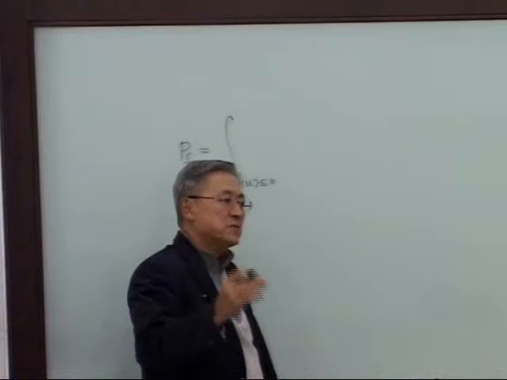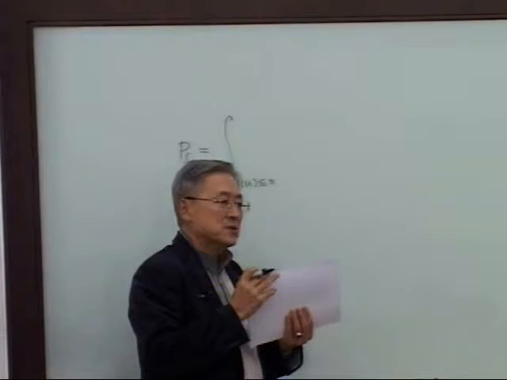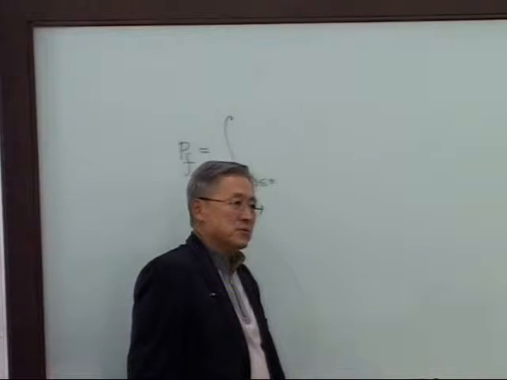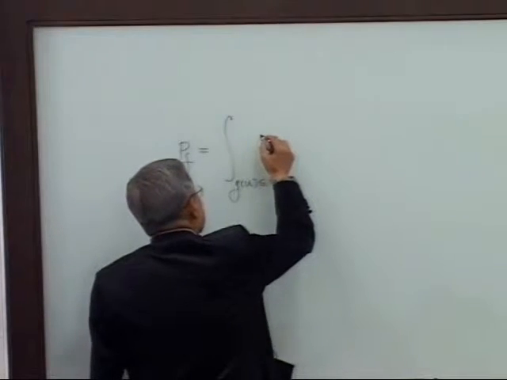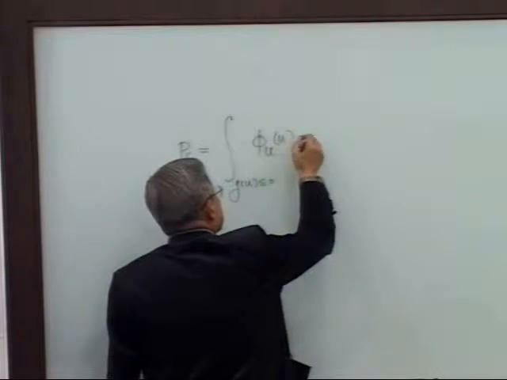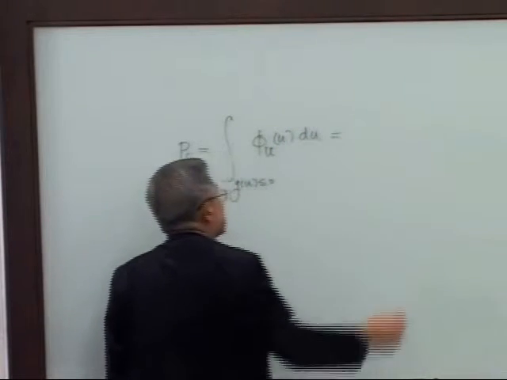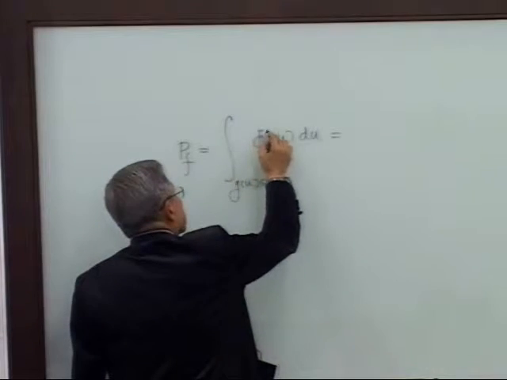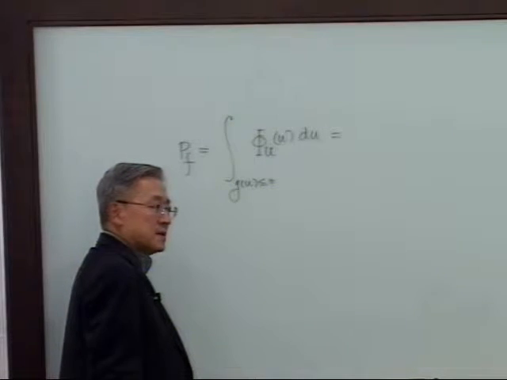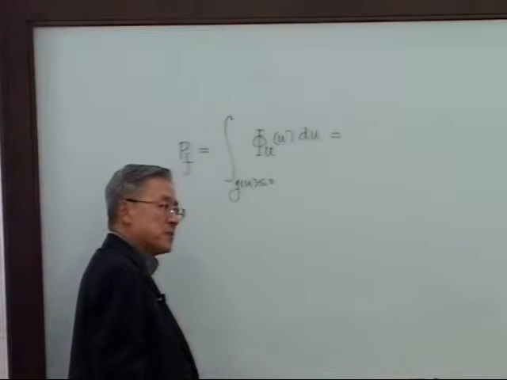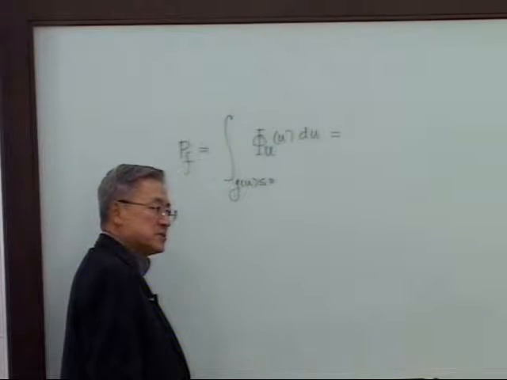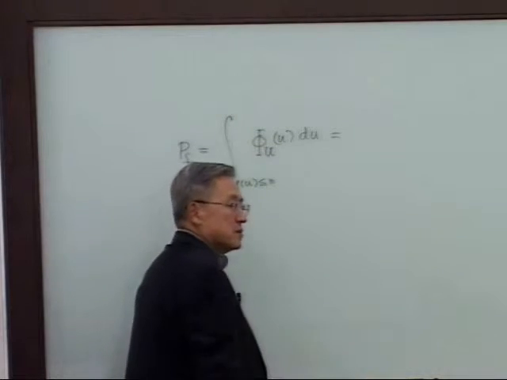We transformed from X space to U space to simplify the procedure to compute the PF. And this is a phi U. The simplest form is something like this. I think we have done that like that, right? In the U space. So we're going to work on the U space to get the final result, which is probability of failure, or the reliability.